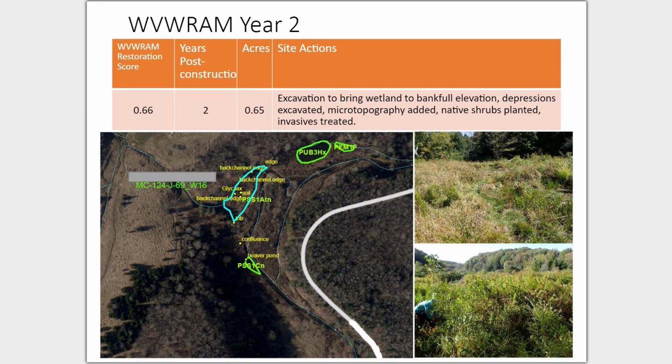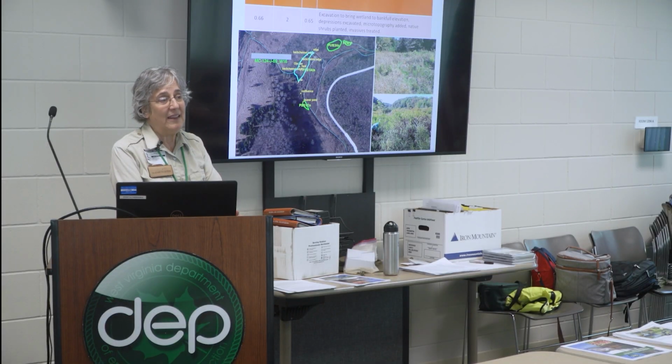There was 0.65 acres, and they had excavated the wetland to bring it to bankfull elevation and excavated depressions, added microtopography, planted native shrubs, and treated invasives. And that gave them a very high score. They did a good job of it, but it's also a really nice neighborhood that they're working in, a place that just really wanted to be restored.